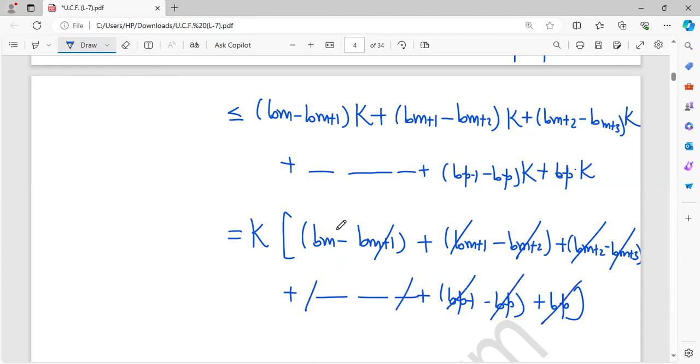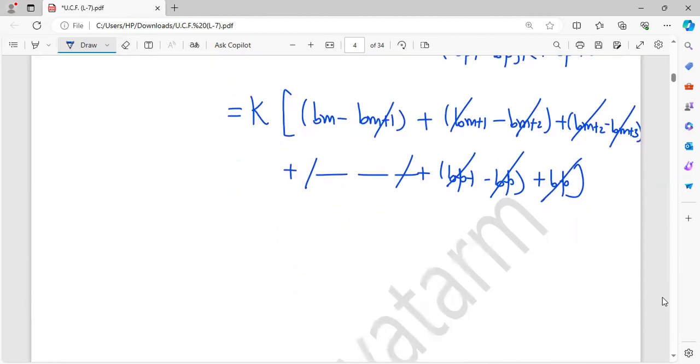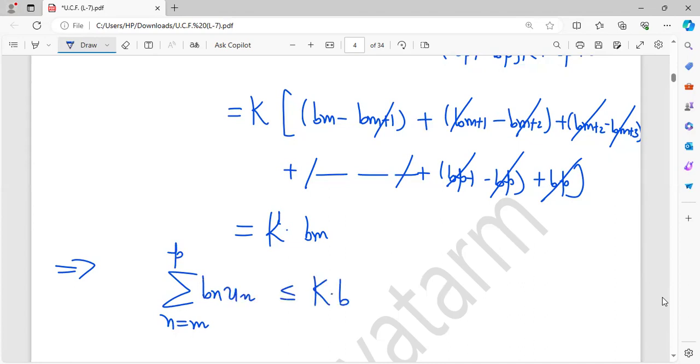So what is this? This is capital K times Bm. So what does it mean? It means the summation n goes to m to p of Bn Un is less than K times Bm.